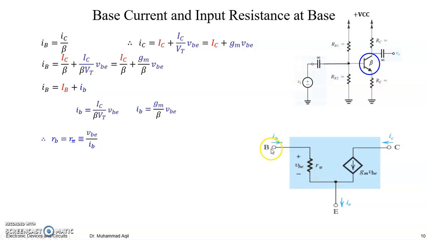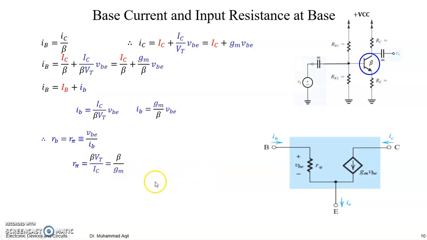So we can name this either rp because we are looking into the base, right? Or r pi. Why pi? Because of the name of this model. We will see later how we define the name of this model, right? So r pi or rb, and it will be equal to VBE by IB, right? So here VBE by IB is nothing but beta VT by IC, or VBE by IB is equal to beta by gm. Same, right?